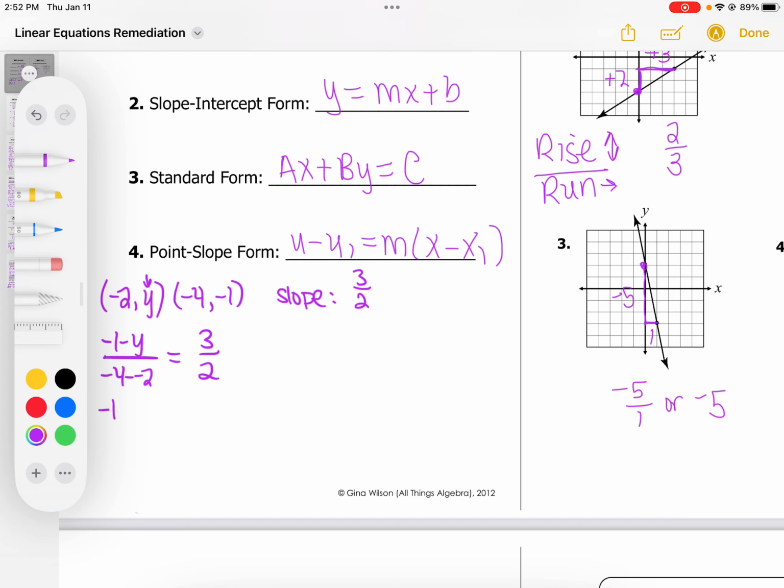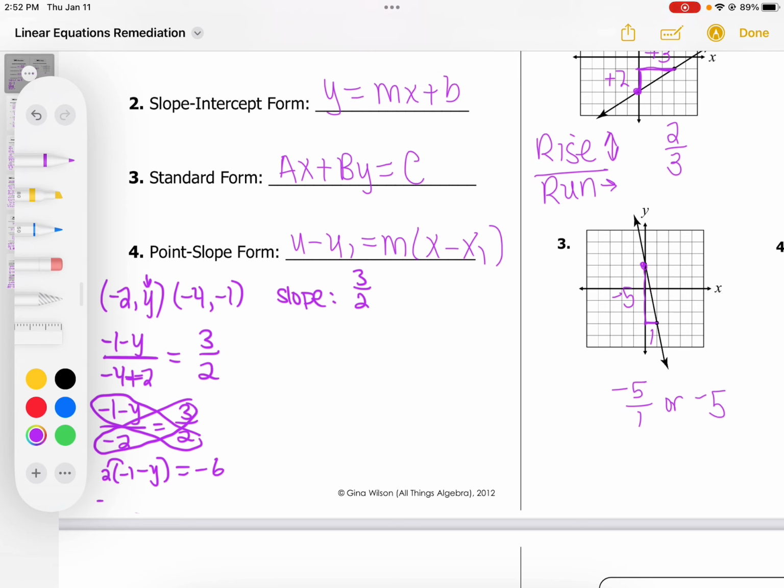Simplify what you have. -1 minus y, nothing to do there, but -4 minus -2 is really -4 plus 2, which just simplifies to be -2. Once you have this, you could cross multiply. Multiply 2 by -1 minus y. 2 times -1 minus y equals 3 times -2. And then solve it out.